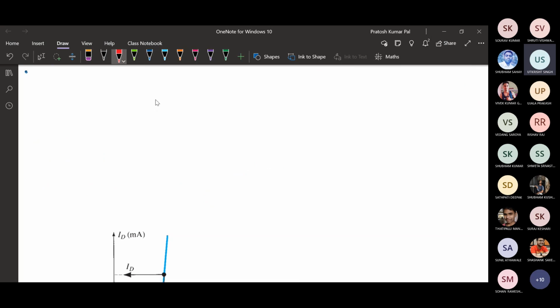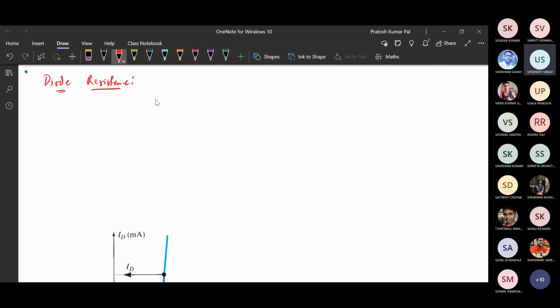Next we will see what is diode resistance. Based on the application of diodes, and in a later lecture we will see what the applications of diodes are, once a diode is used in a particular application, it will be having either a DC load or an AC load.